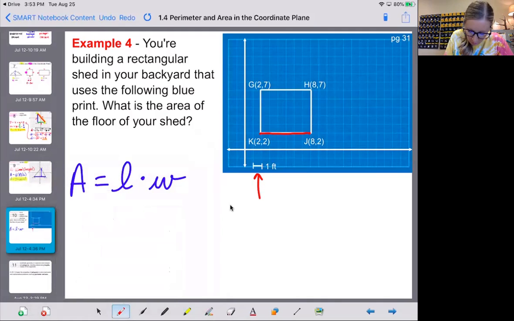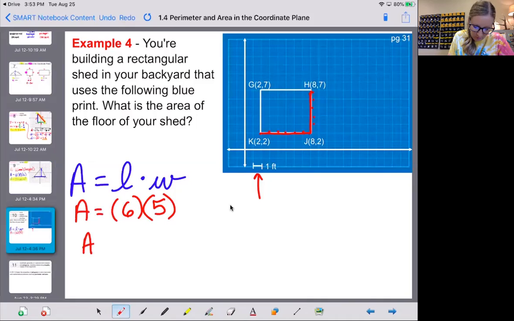So that is 1, 2, 3, 4, 5, 6 feet long. So I'm going to put 6. And then the width is 1, 2, 3, 4, 5 feet wide. And so the area, of course, would then be 30 feet squared.